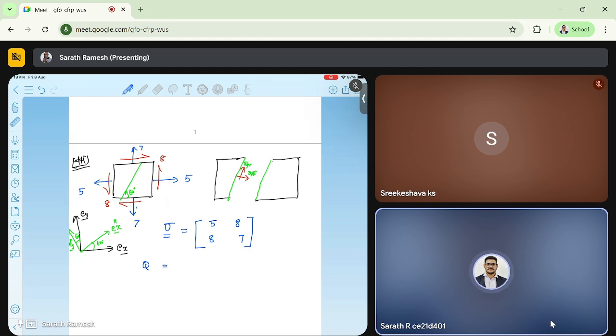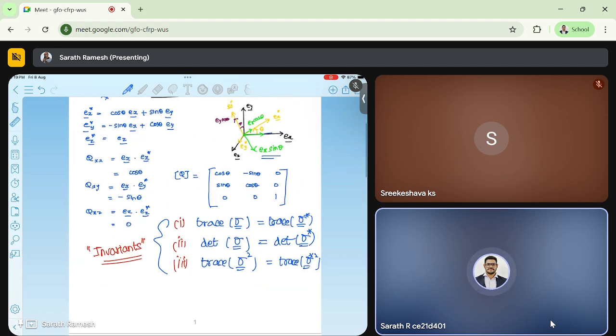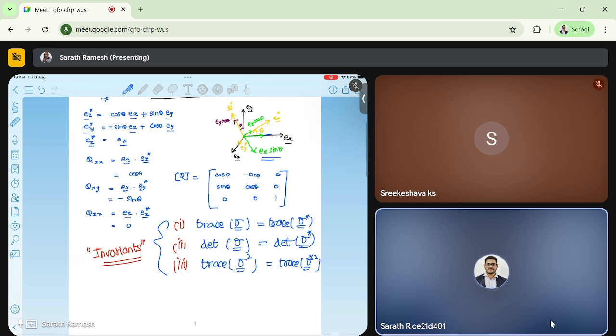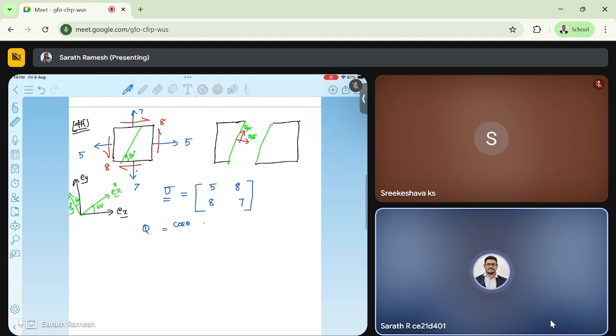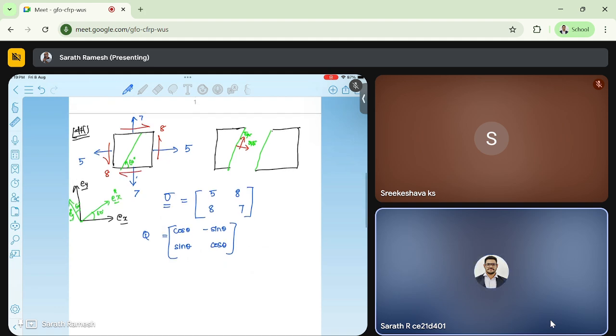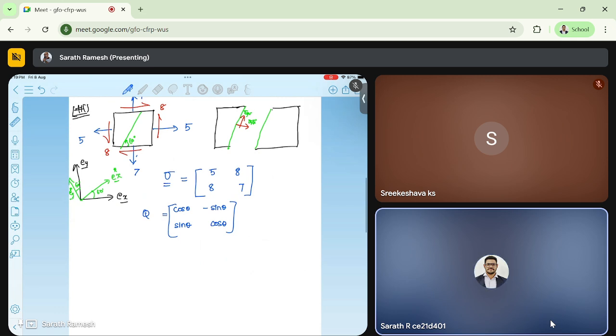Q matrix is, we just saw, if it is an anti-clockwise rotation, cos theta, minus sin theta, sin theta, cos theta. I'm writing only 2 by 2. Let's do sigma x star is equal to Q transpose sigma Q.